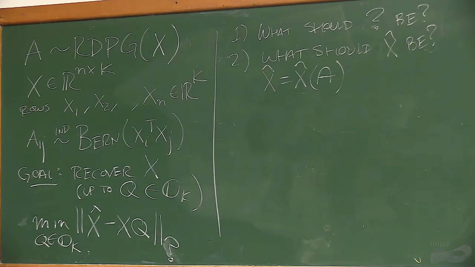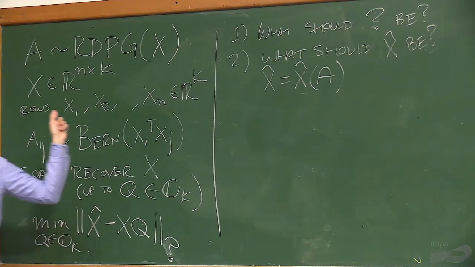And in the plain old stochastic block model, there will be k point masses, one for every one of our communities, and every xi will be at one of those points. So in all of these cases, we can describe how these x's ought to behave.